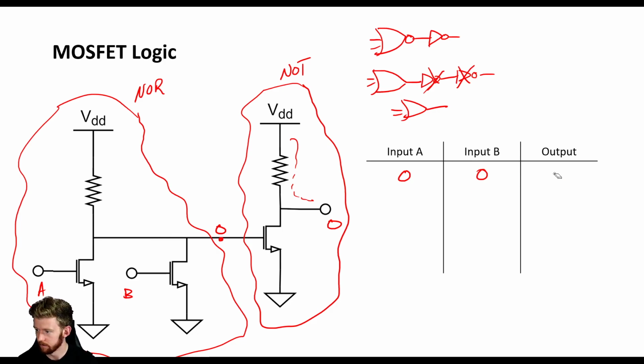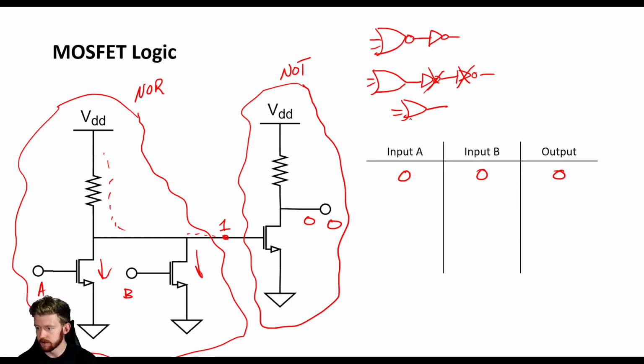Let's step back a second. Okay, never mind. I messed up a little bit. So if we have both of these not conducting, yeah, I'm glad I caught that. So we have both of these not conducting. That means our VDD is going to appear here. So we're going to get a 1 here. And that's going to be inverted and become a 0. So now we have our 0 on our output. Now we're making more sense.